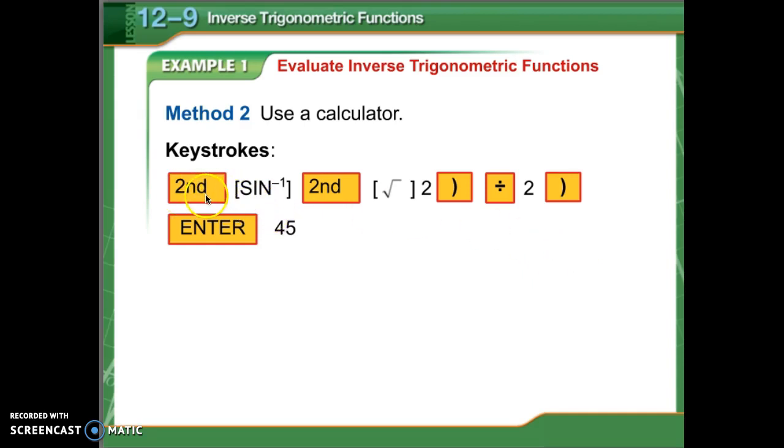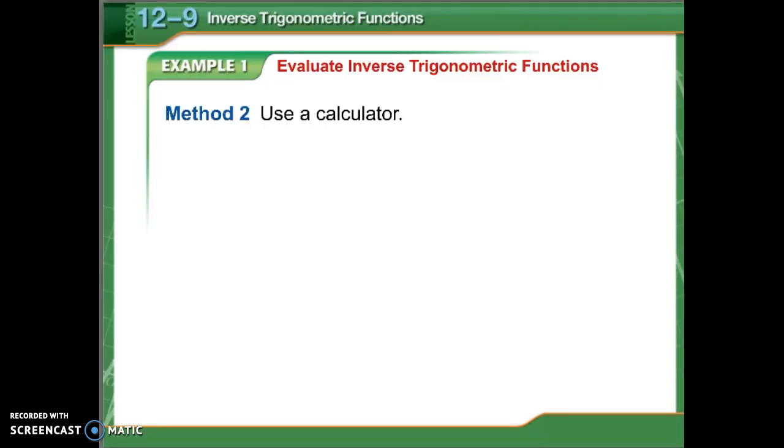The way you would press that on the calculator is you'd press second sine, which gives us the inverse function, and then the square root symbol, to close your parentheses, divide by 2, hit enter. It will tell you 45 if you're in degrees, and you need to be in degrees here. Then manually you have to convert the 45 degrees over to radians, which would be pi over 4.